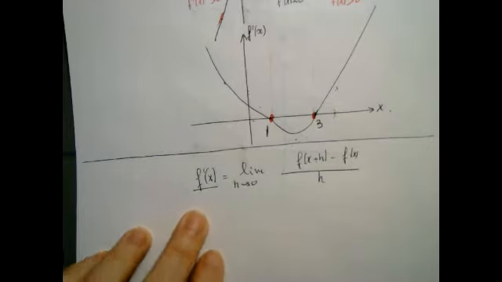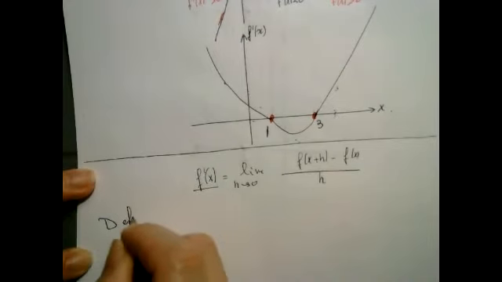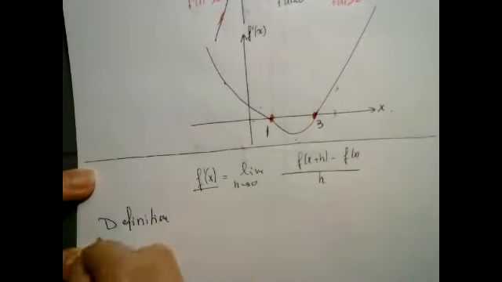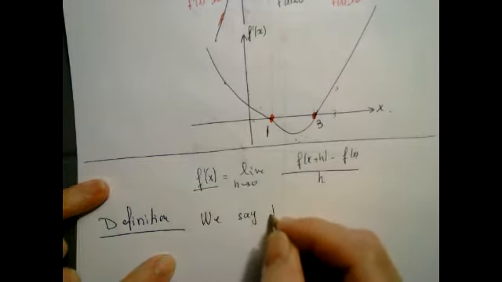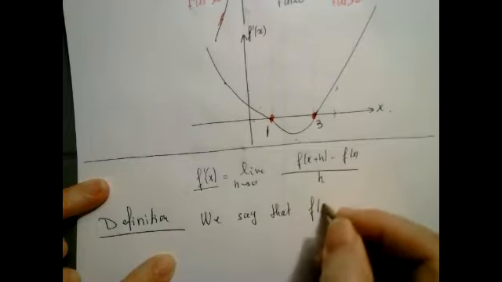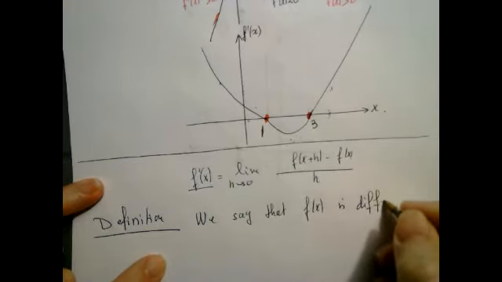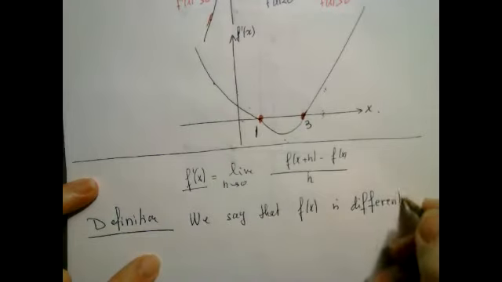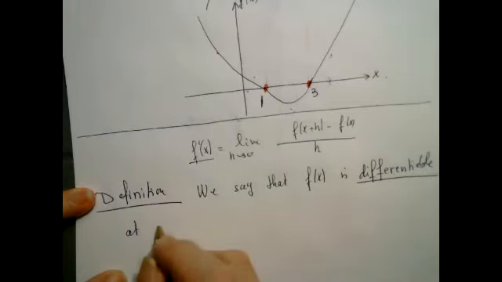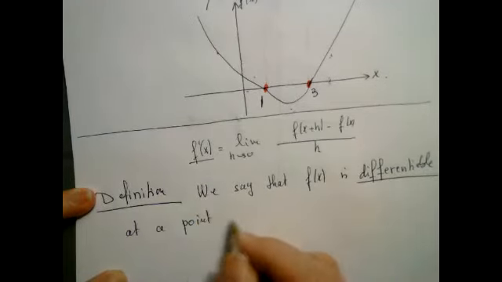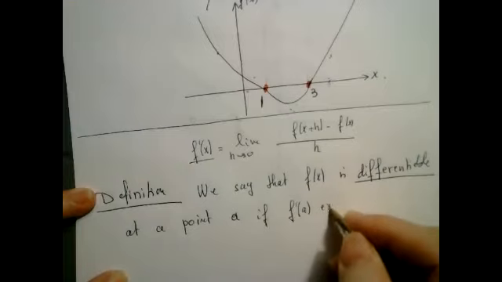Definition. Okay, we say that the function f of x is differentiable at a point A if the derivative at A, if f prime of A exists.